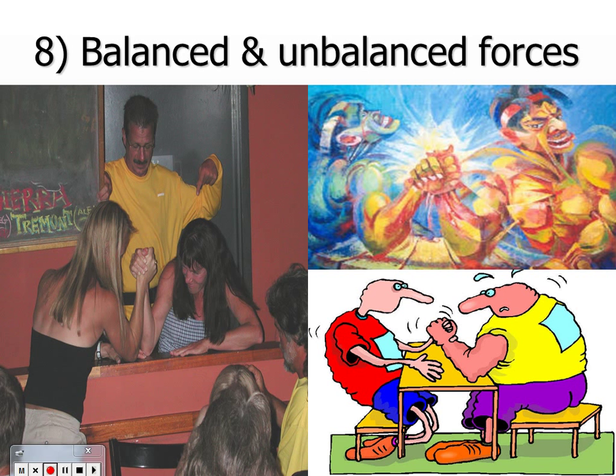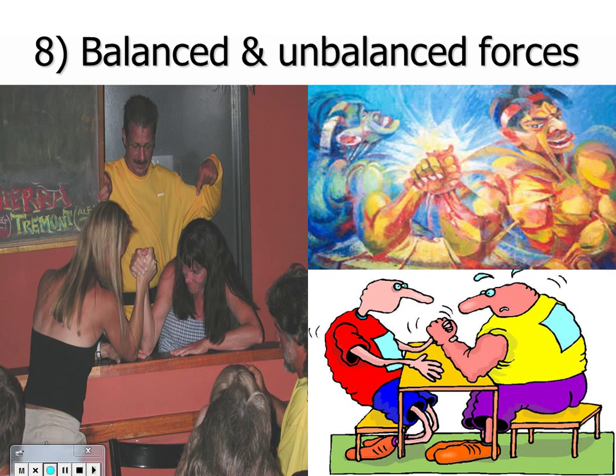They're both applying a force. The person on the right applies the force to the left, the person on the left applies the force to the right. Whoever applies the most force is going to force the other person's arm to move in the direction that they apply the force, and they will win the match, right? So if both participants apply the exact same amount of force in the opposite direction, nobody moves. Nobody moves, nobody wins, right?